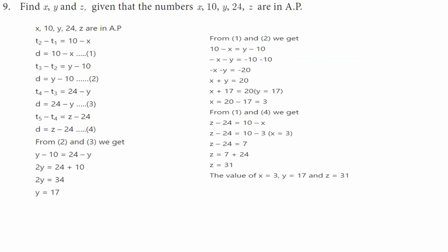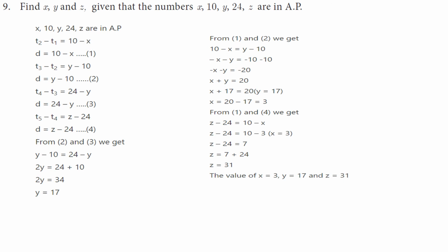Find x, y and z, given that the numbers x, 10, y, 24, z are in AP. First, we have to find the common difference D: T2 minus T1, that is 10 minus x; T3 minus T2, that is y minus 10; T4 minus T3, 24 minus y; T5 minus T4, that is z minus 24.